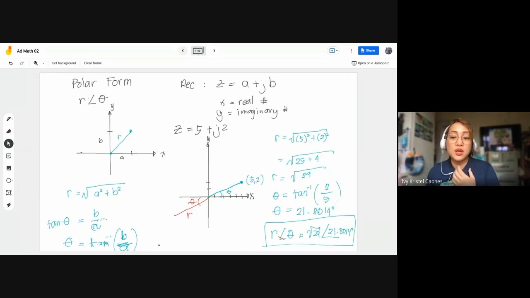So, if you have the same value, you think that the value of your theta is small compared to what should be the angle of the whole, you have to include a direction. So, our polar form is a vector quantity where you need to include the direction of the r.